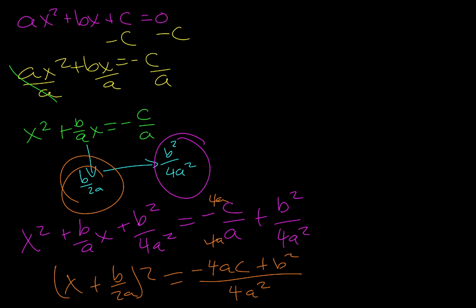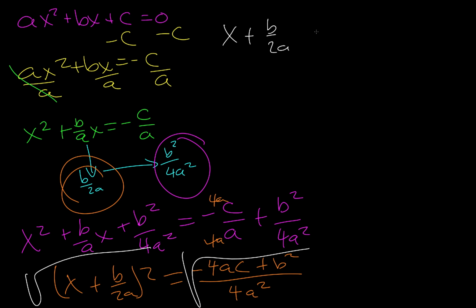Alright, now moving up to the top right here, what we're going to do is solve for x. So I need to square root both sides. And so I get x plus b over 2a equals plus or minus the square root of negative 4ac plus b squared all over 4a squared.